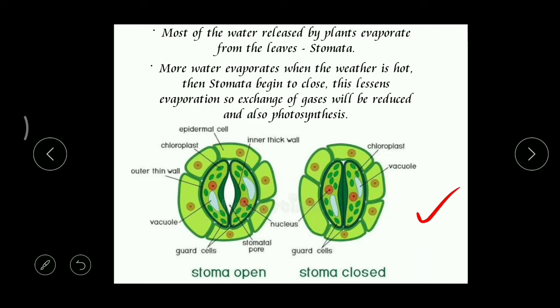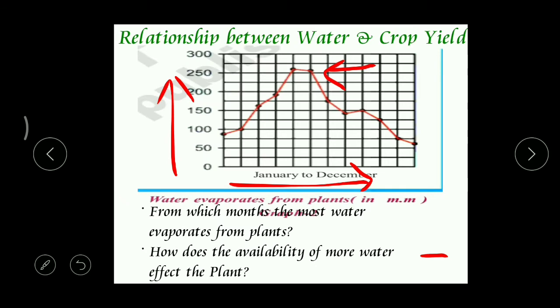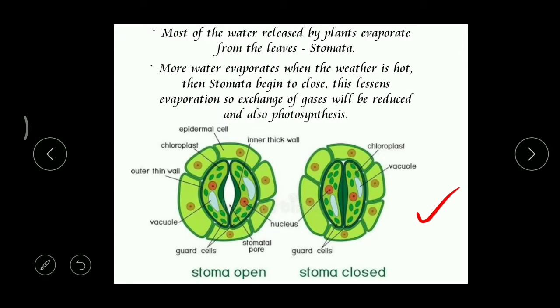More water evaporates when the weather is hot. As I told you on the graph, during the months of March and April we can find more evaporation because of the high temperature.